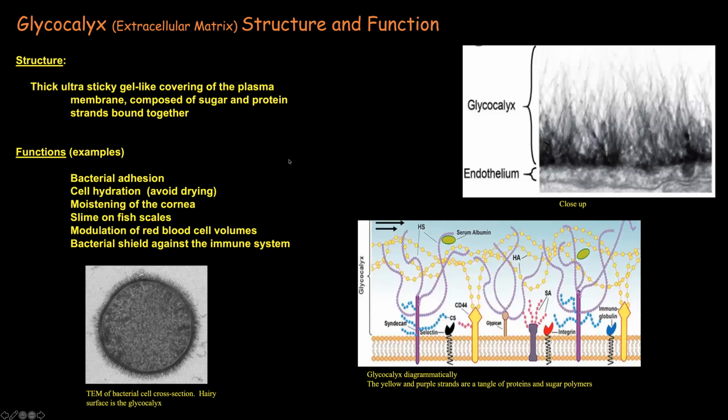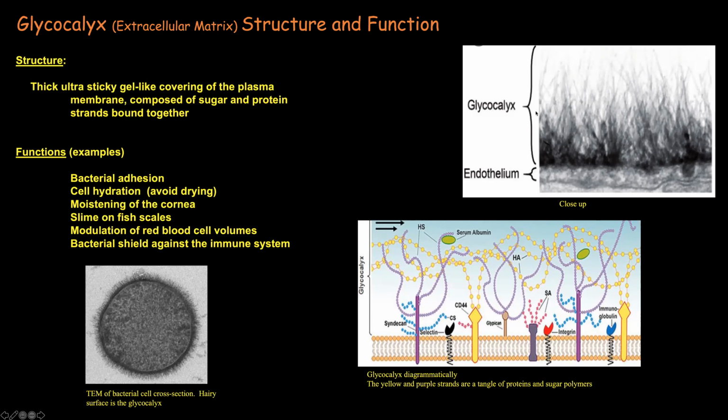And this gives you a better picture of what the glycocalyx actually is. It's a thick gel-like covering of the plasma membrane. It's composed of sugar and protein polymers bound together.